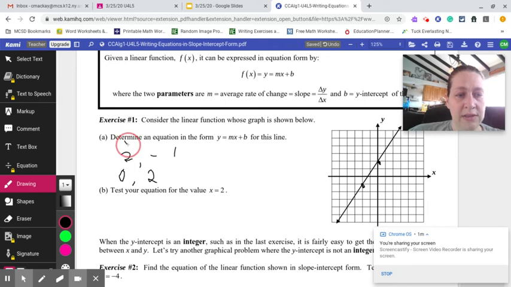These are my x's, these are my y's. And to figure out slope, we're going to do the change in y over the change in x.